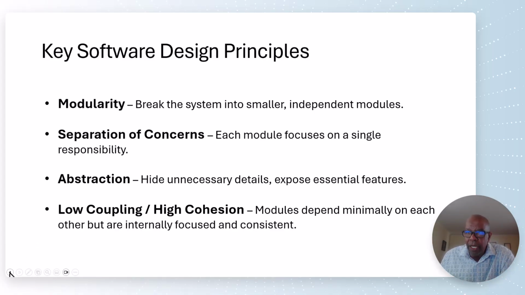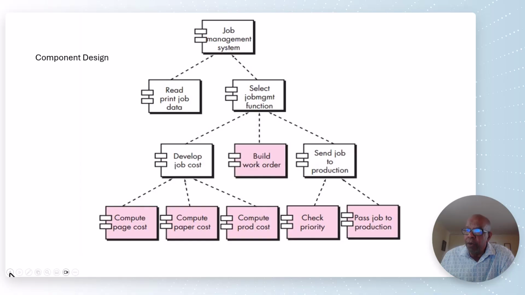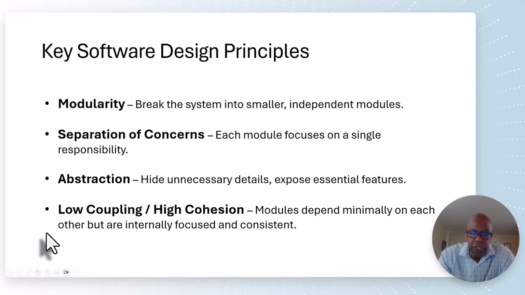We don't have a module that says, I want to compute page costs and compute paper costs and compute product costs all in one function. We want to break that out into individual functions so that what's represented in each box is a single function that needs to be programmed. So that's what we're looking for with the layered design.